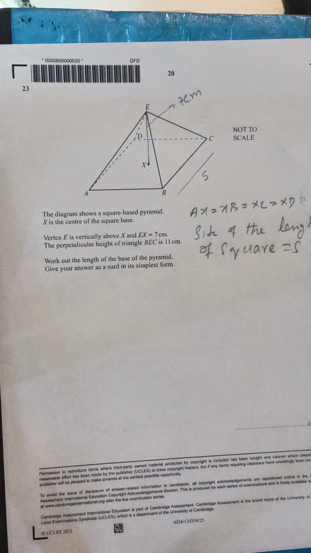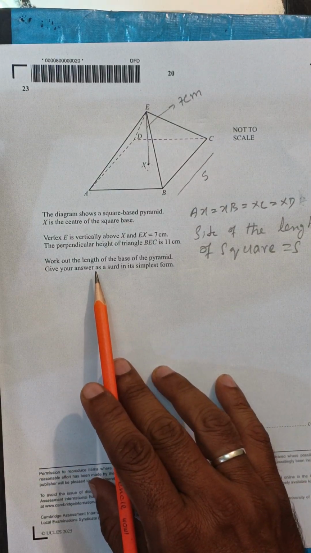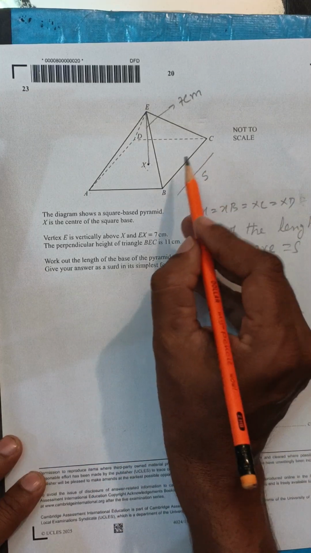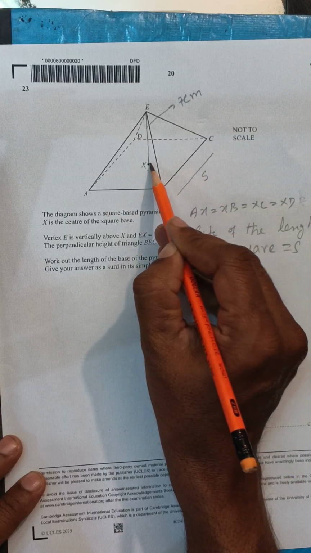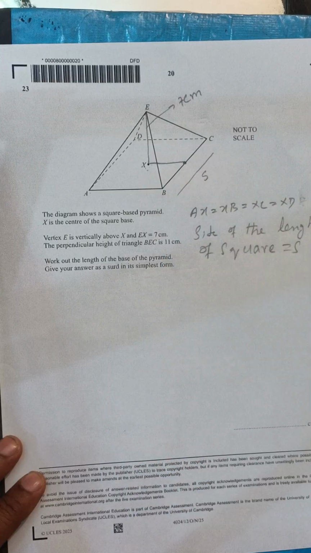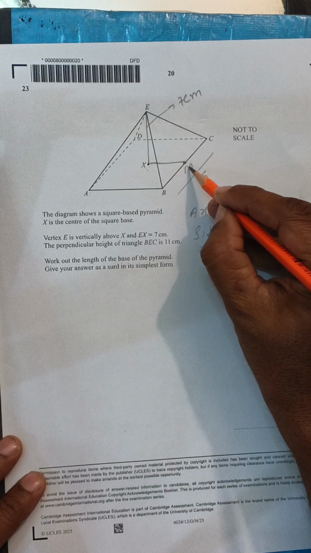Now this length is s, and when we draw a distance from X, ultimately that will be the midpoint.